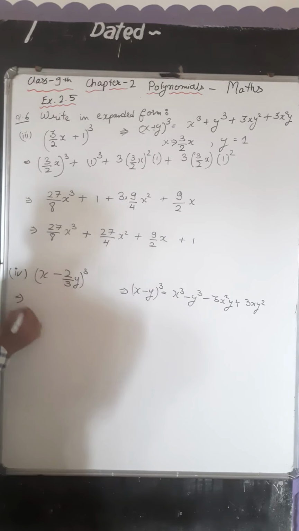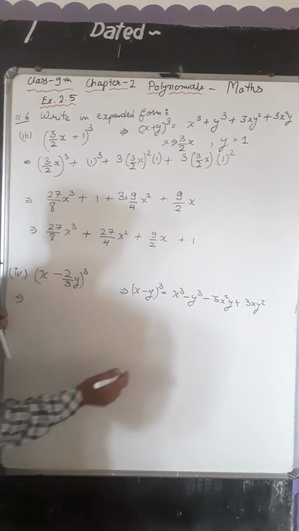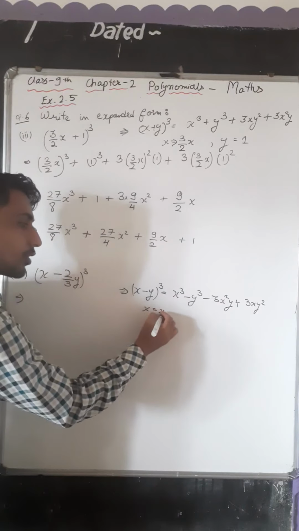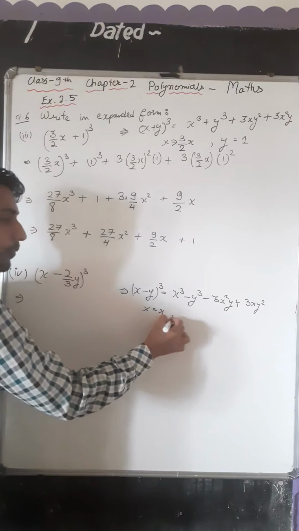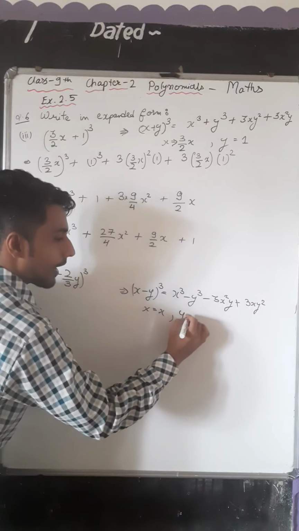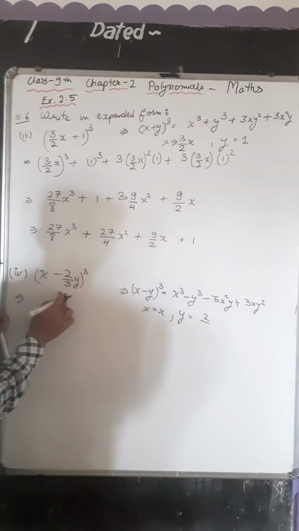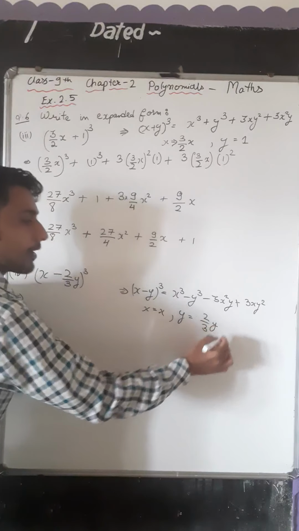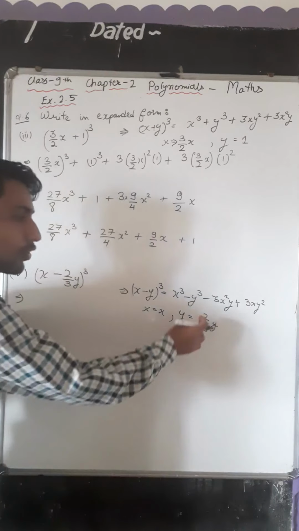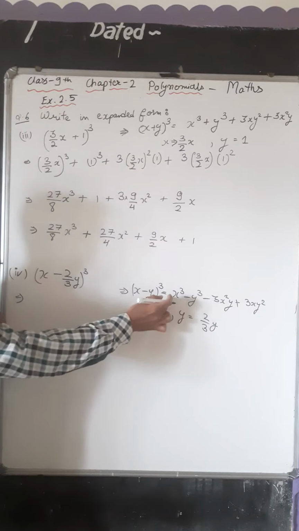Now expand this. If you compare, x is equal to x only here. x is the same value, but the value of y has changed. What is the value of y? 2 by 3. Now use it.